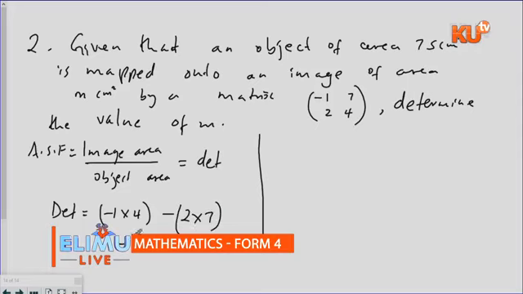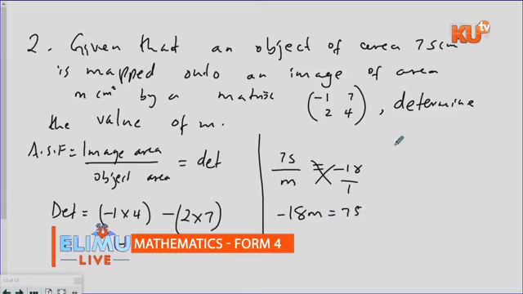So that will give us negative 4 minus 14, and when you subtract this, you should get negative 18 as our determinant. So we come to our working now, with the image area not known. So we take m over 75, which should be equal to negative 18. And in this case, it's over 1.